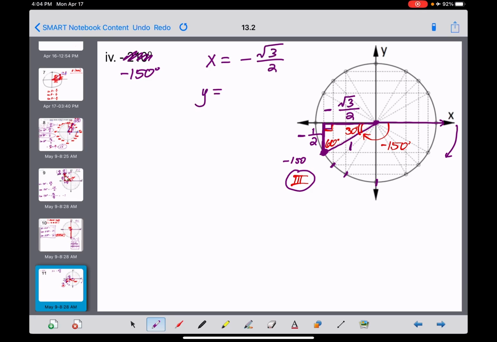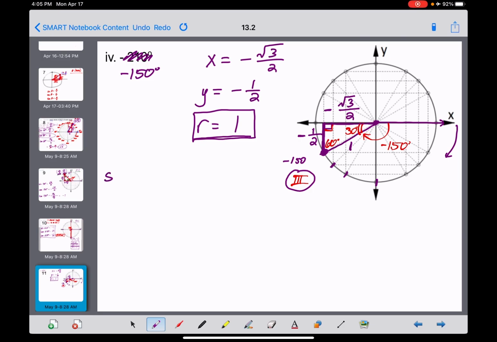Our y-coordinate is -1/2, and our radius, just like always, is 1. In case you're wondering, it is definitely possible, you can see it right here, for x to be negative. It's possible for y to be negative, but guys, it is never possible for r to be negative. R will always be +1 if you're on a unit circle, which is the way we're drawing this.